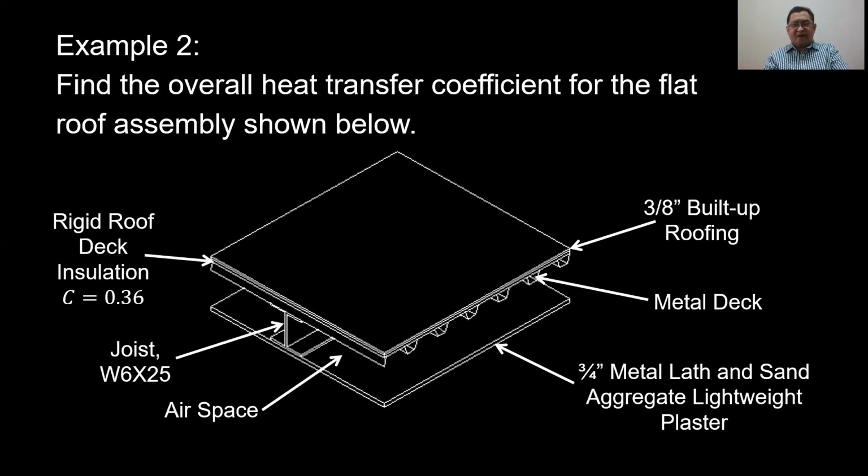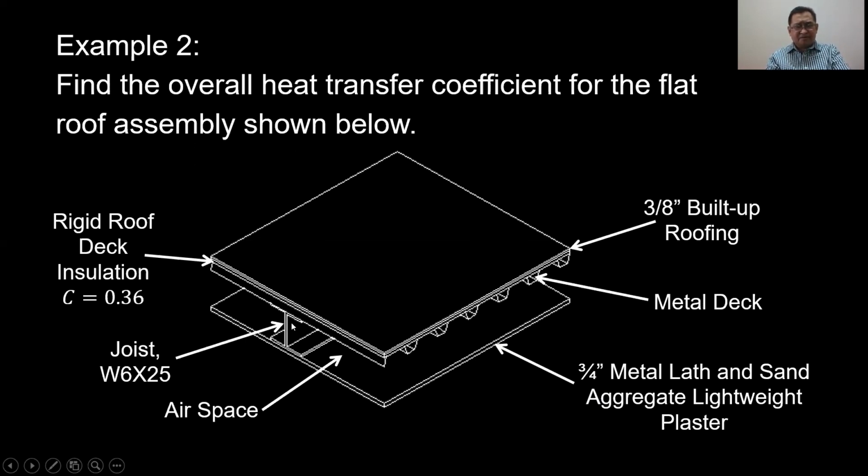So another example, find the overall heat transfer coefficient for a flat roof assembly shown below. So here in the roof section, at the inside, we have a 3/4 metal lath and sand aggregate lightweight plaster.